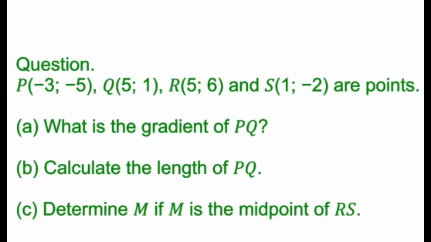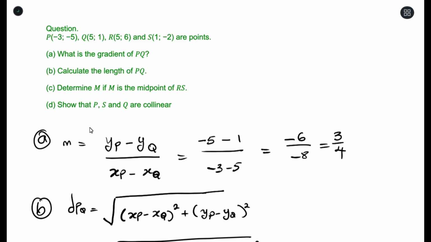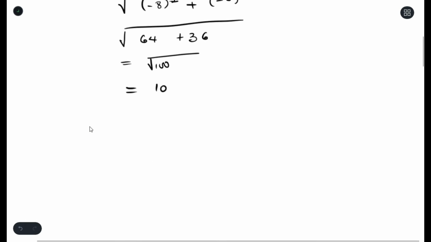Now part C asks us to find M, and M is the midpoint of RS. Okay, so all we need to do is substitute into the midpoint formula.